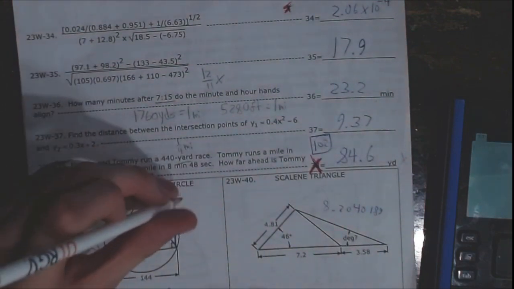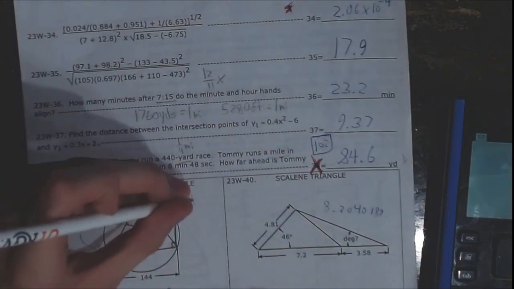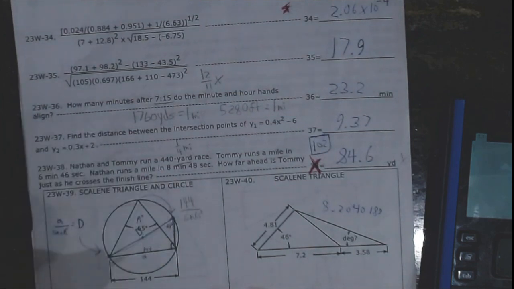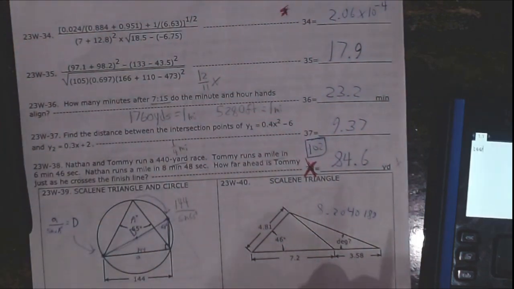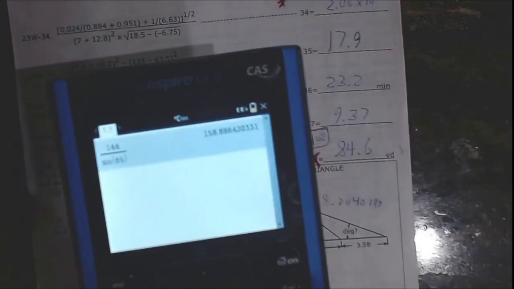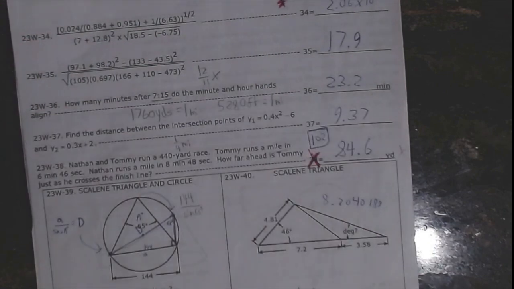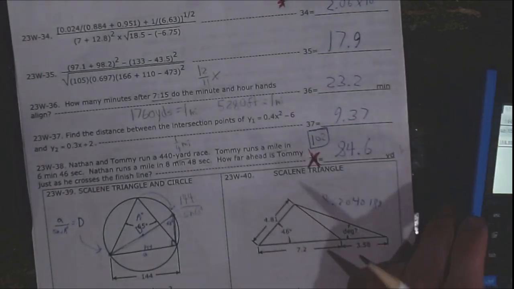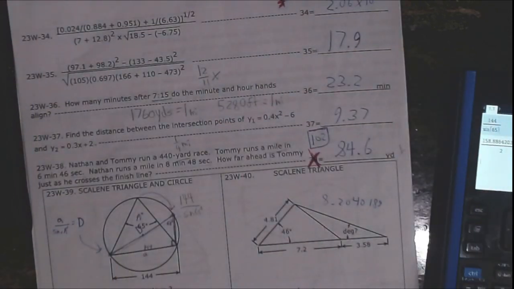I'll just do 414 divided by the sine of 65 degrees, and that gives me my diameter. And to get the radius, I just divide by 2. So in this case, even though we didn't have all three sides of our triangle, we didn't actually have to use our program.